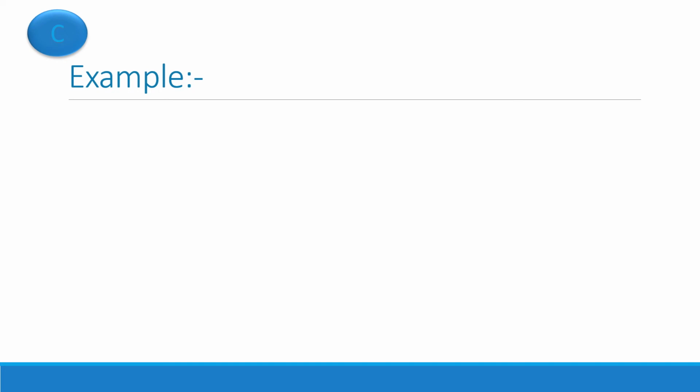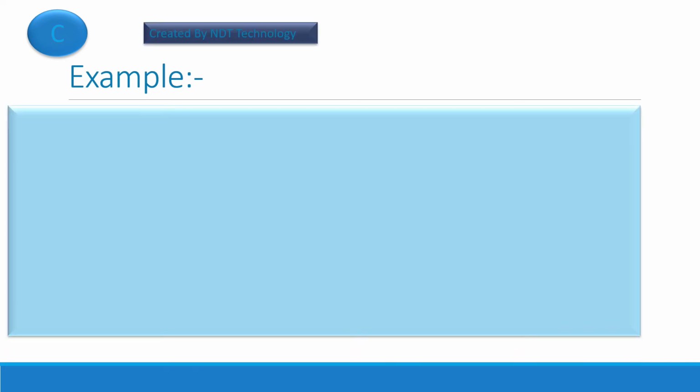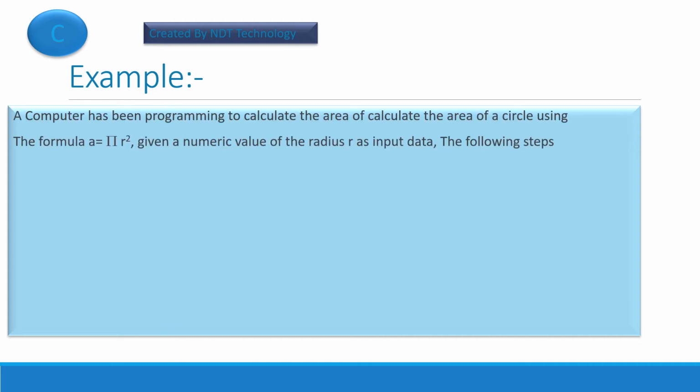This is how computer characteristics work. For example, a computer has been programmed to calculate the area of a circle. Generally this is a mathematical question, not belonging to the computer, but as a programmer, if someone gives you a task to write a program to calculate the area of a circle, the formula is A = pi r square.